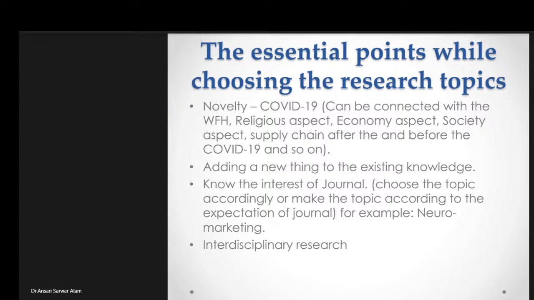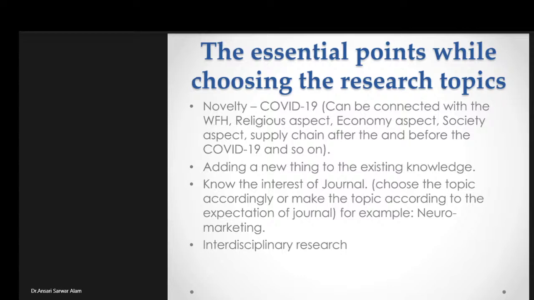First of all, you should look for novelty. Novelty means something unique or something new. For example, consider COVID-19 and connect it with different aspects. COVID-19 can be connected with the work from home concept.